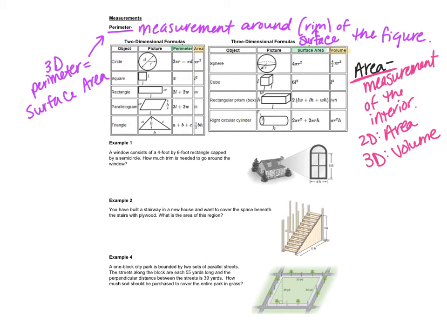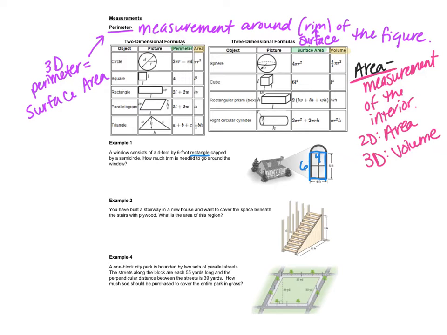All right, so looking at this first example here, they've got a picture for us. That's pretty nice. So they've got this 4 foot by 6 foot rectangle, and they've got this semicircle on the top. Since we know that it's a rectangle, I'm just going to go ahead and measure the other pieces because we know that a rectangle has the same lengths on either side here.